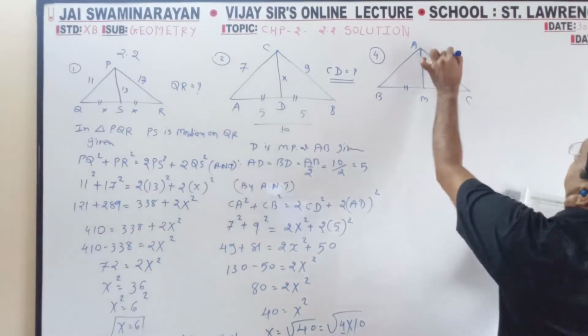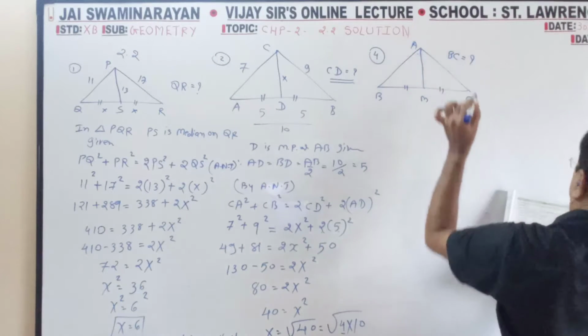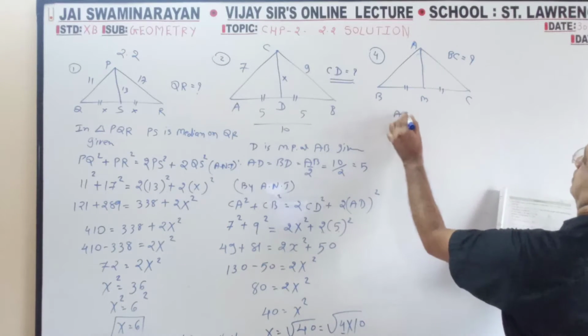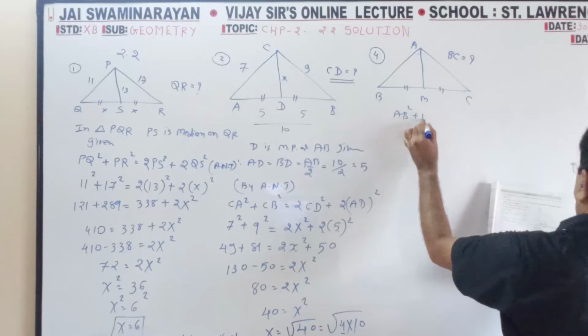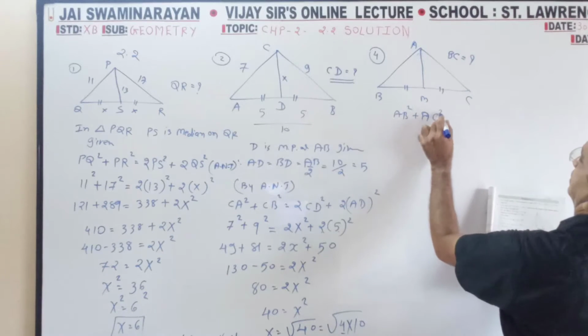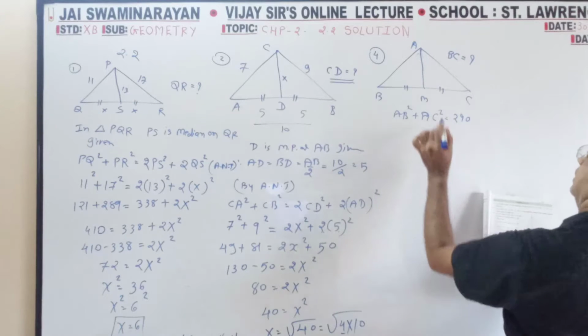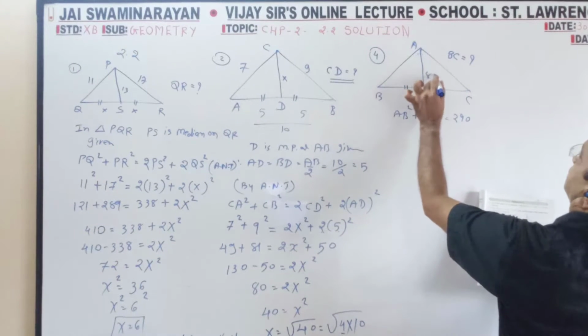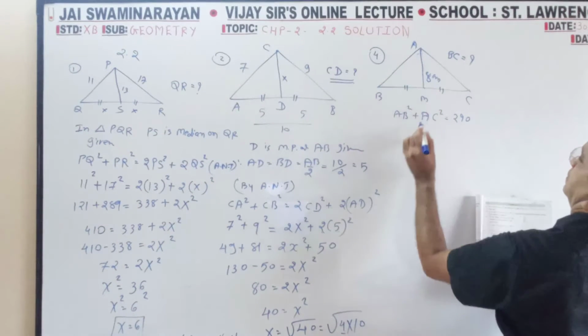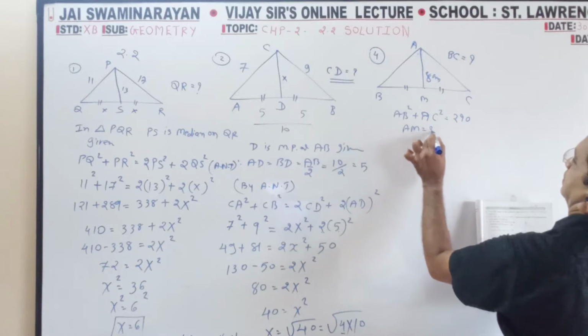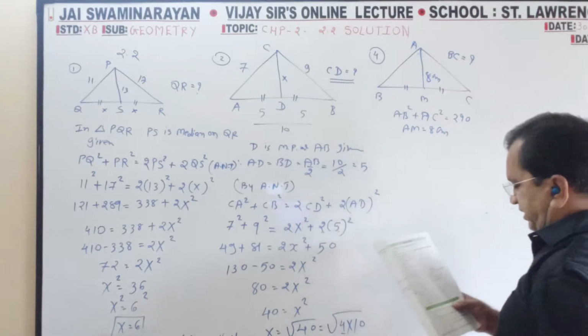To find BC, what is given? AB square plus AC square, directly given 290. AM is given, 8 centimeter.